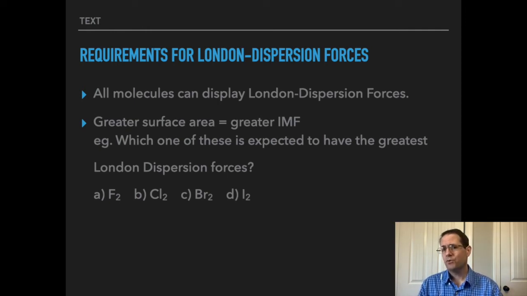Okay, so remember your trend of atomic size. Atoms increase in size as you move down the periodic table, and as you move to the left of the periodic table. The larger the size, the larger the surface area, and therefore the greater the London dispersion forces.